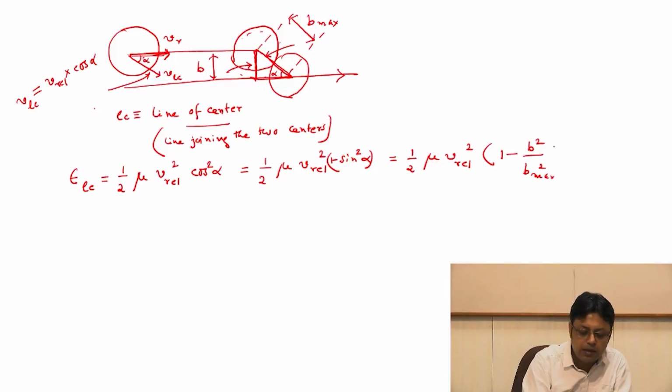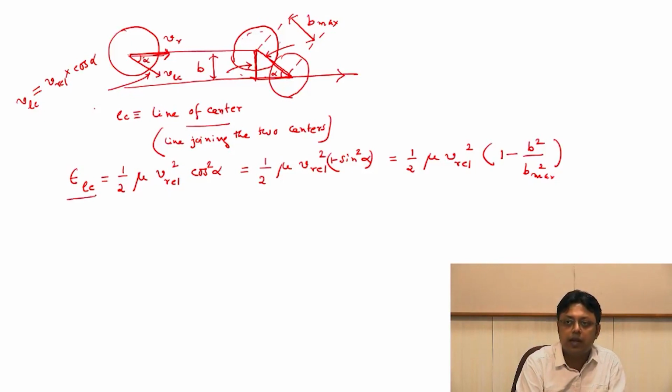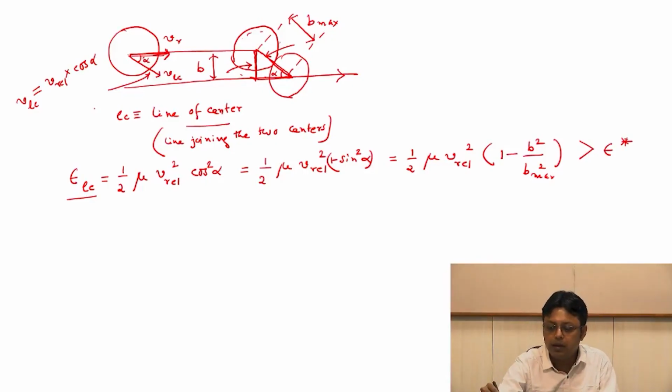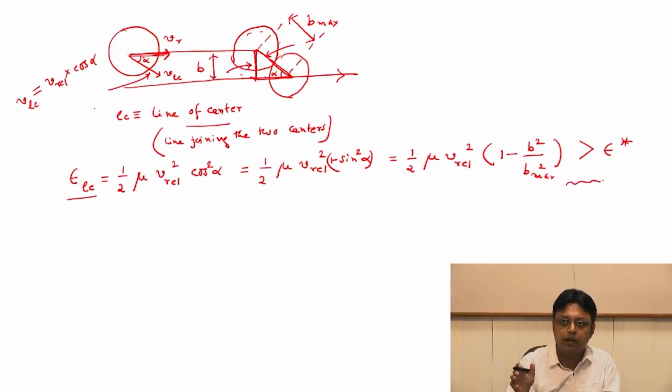That is basically the energy transferred along the line of center. That should be greater than some threshold energy, otherwise the reaction will not happen. That is the condition we are imposing. Let us assume this energy transferred along the line of center should be more than epsilon star, which is the threshold energy.